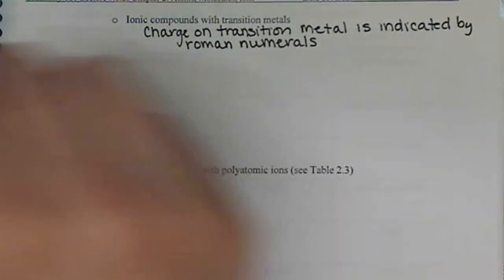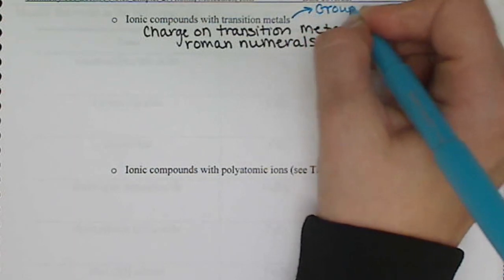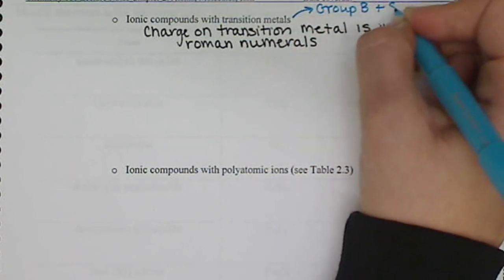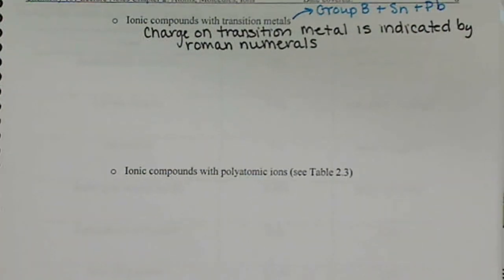So again, our transition metals, these are group B, and tin and lead. So Sn and Pb.